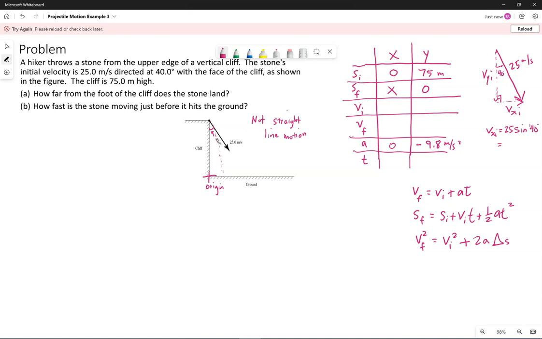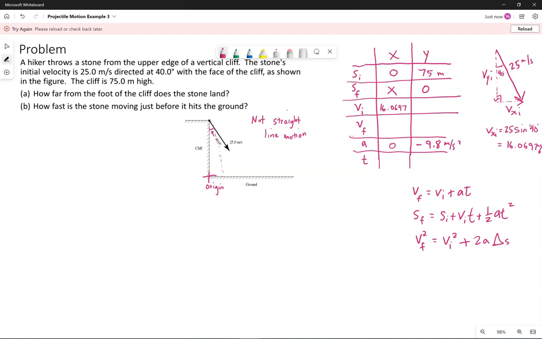I always highly recommend drawing your triangle out so that you are making sense of sine versus cosine and the sides, the values that you know. I'm keeping a couple digits beyond what we have significant figures for, just to minimize rounding errors.